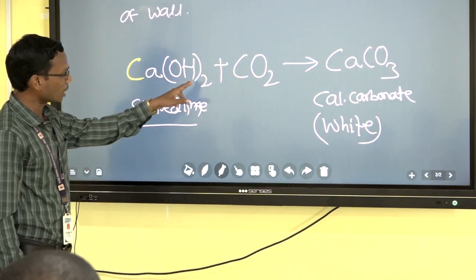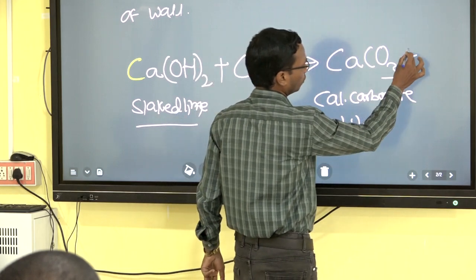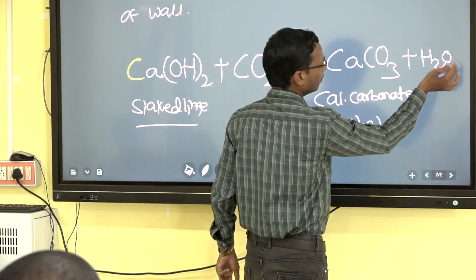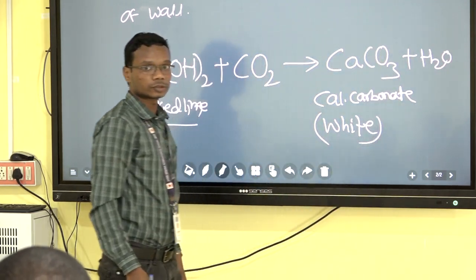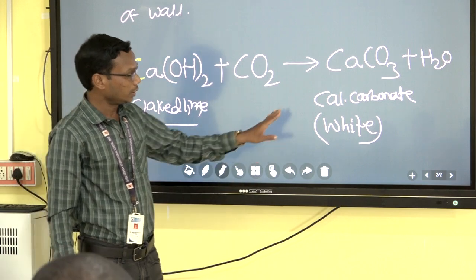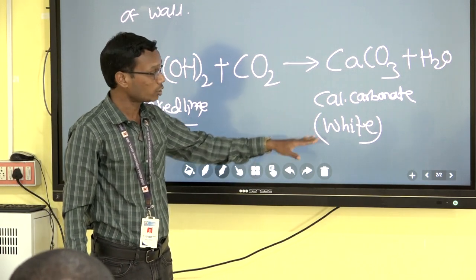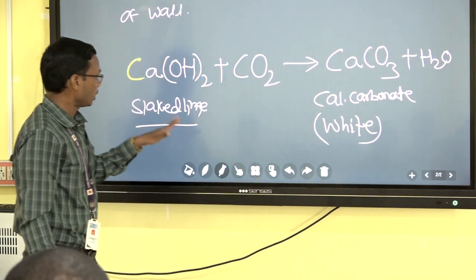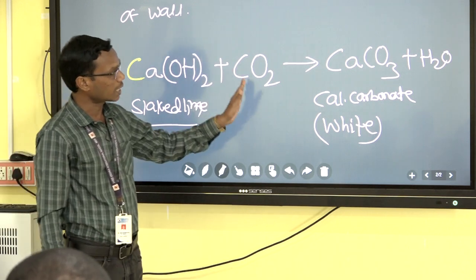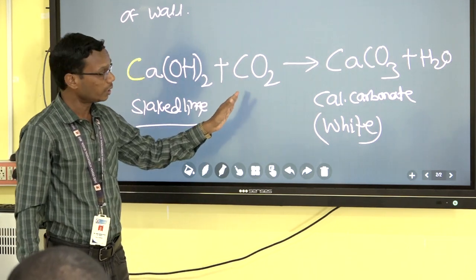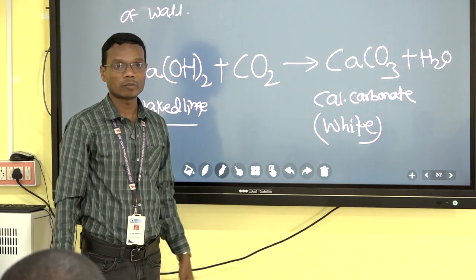It will form calcium carbonate and H2O. H2O will evaporate. Okay. This is the actual process of whitewashing. Slaked lime reacts with carbon dioxide and forms calcium carbonate.